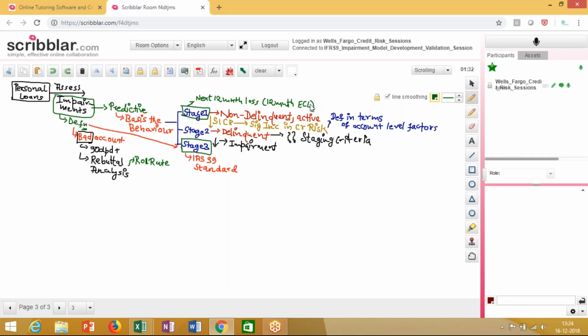So this is what makes this approach forward looking or predictive in nature, rather than waiting for me to go to the bank and tell you that I lost my job 2 months back, I cannot repay, so I am going to default, so help me out. In that case the bank cannot do anything but write it off or put in the provision.